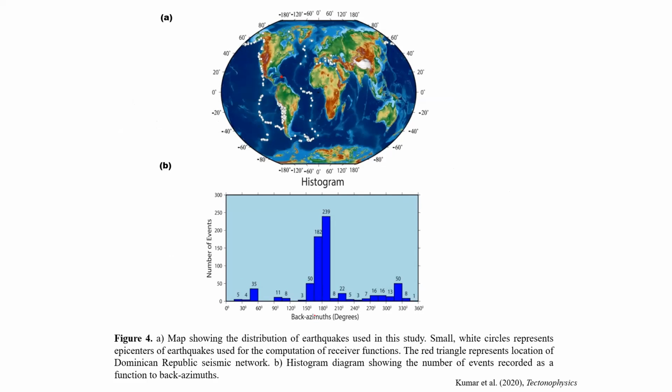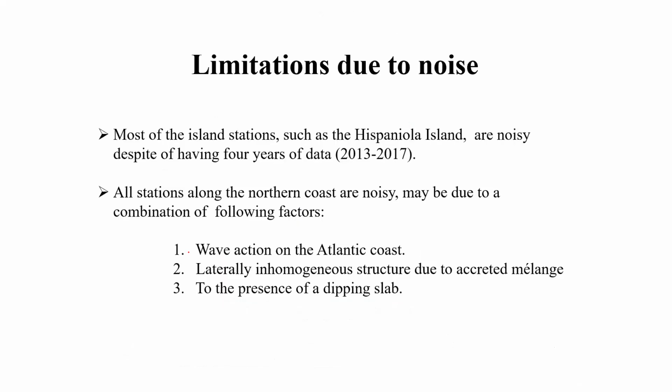You can see the highest number of events, 233, are recorded from between 180 degrees and around 200 degrees, and the next highest number of events, 182, are recorded between around 160 and 180 degrees.